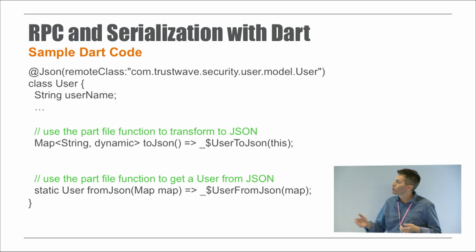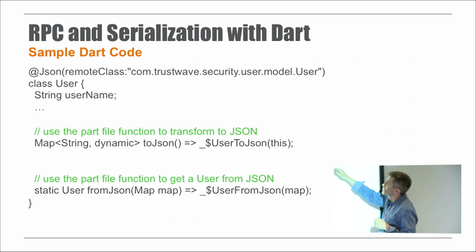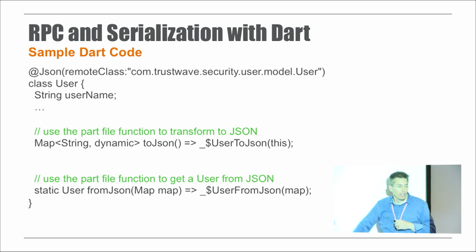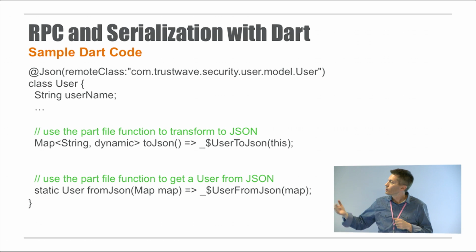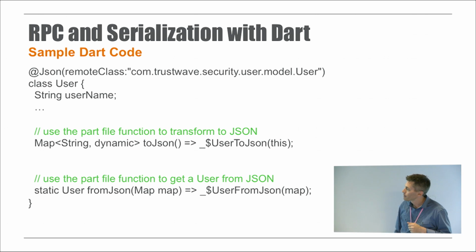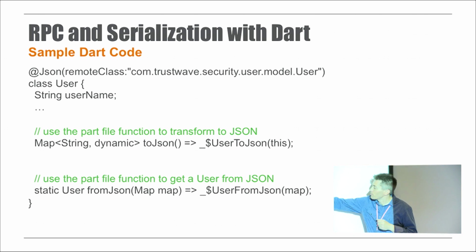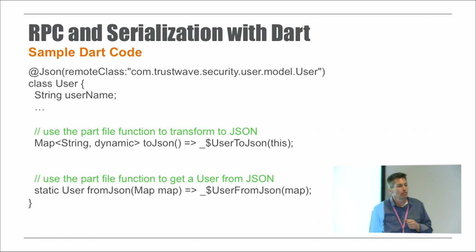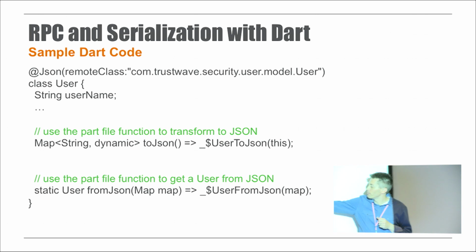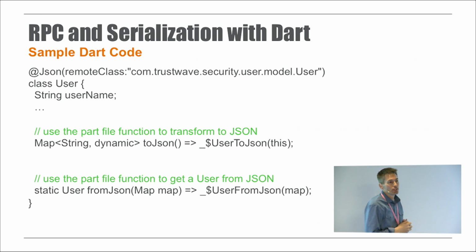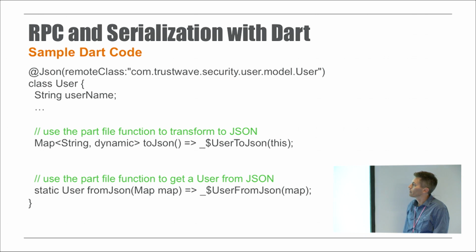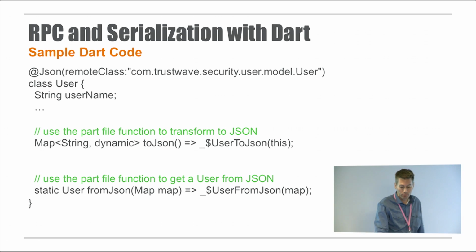So by using the SourceGen project, we're able to annotate our classes and do a pre-build process that creates a part file. You include that part file within your model class, and you get these two functions from the part file. It builds your translation for you. So now you just add two methods for to JSON and from JSON, and it automatically gets that serialization you want, and you didn't have to actually build out those methods. So thank you, Kevin Moore. That's a great library that we take advantage of, and it's been great for us.